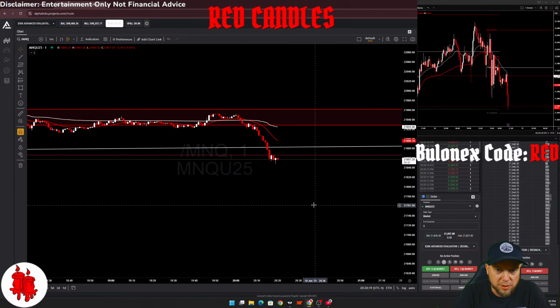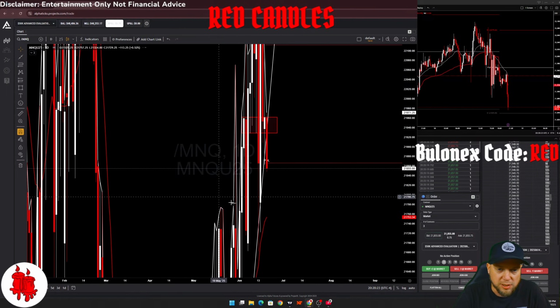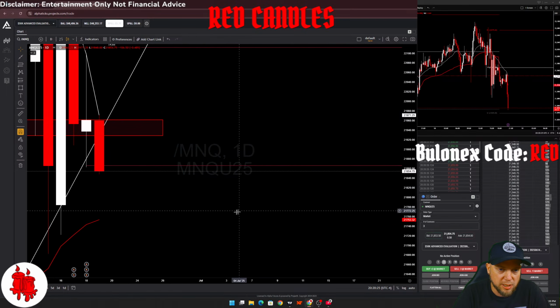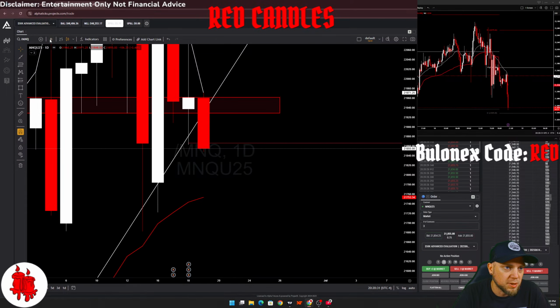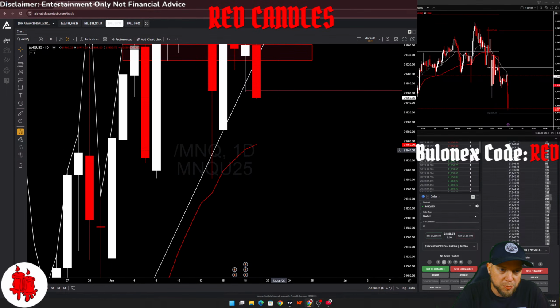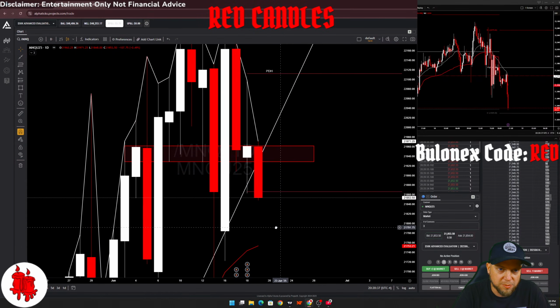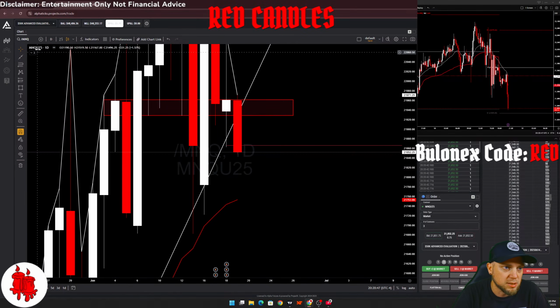Okay, and then another thing to get my bias I like to look at, which I didn't do, I should have did this first. We'll look at the daily. So the daily we are above there, so we're bullish still, but definitely coming back down for possibly, I don't know, to fill this down this way somewhere, retest.